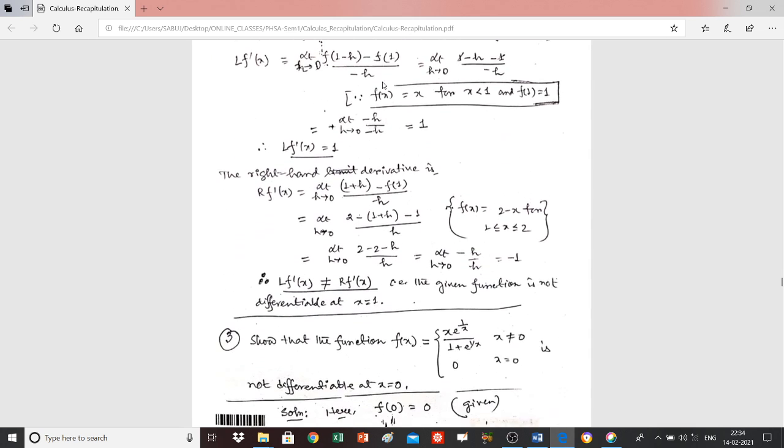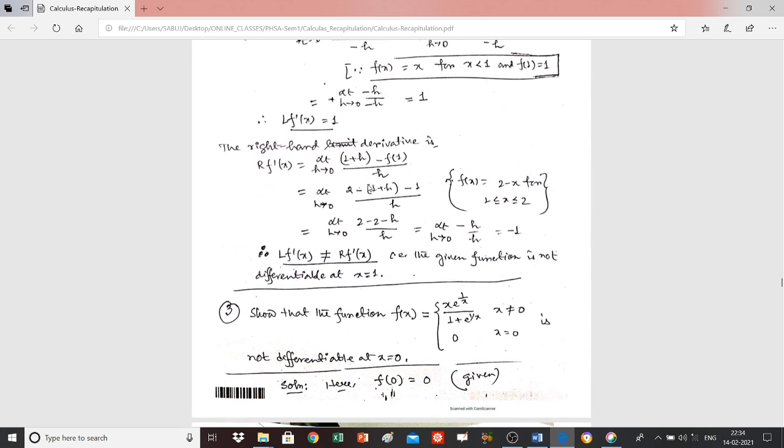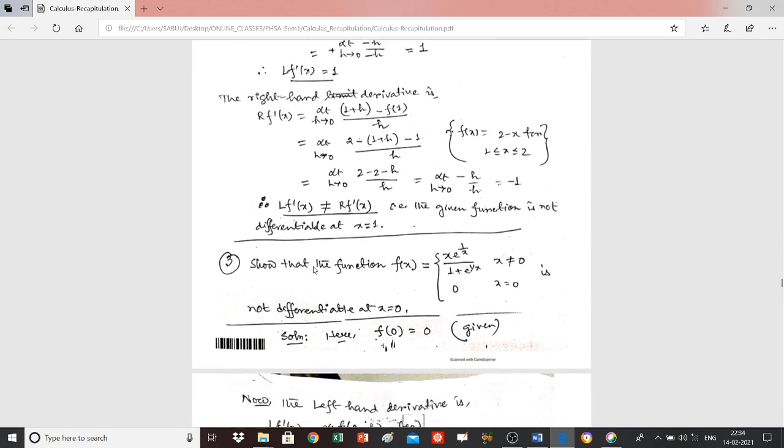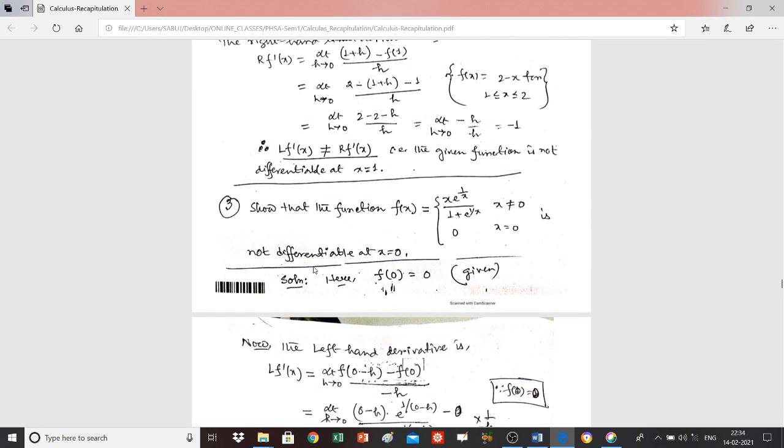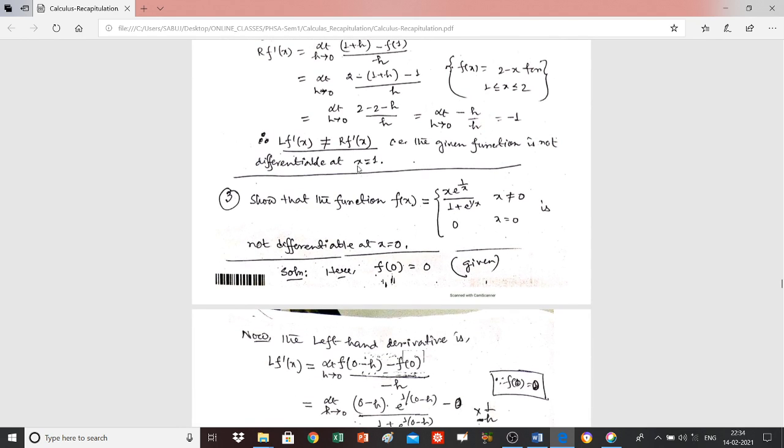So that is done here: 2 minus (1 plus h), then minus 1, since f(x) is equal to 2 minus x for 1 less than or equal to x less than or equal to 2. From here you finally find that the right hand derivative is minus 1. Since the left hand derivative and right hand derivative are not equal, the function is not differentiable at x equal to 1.